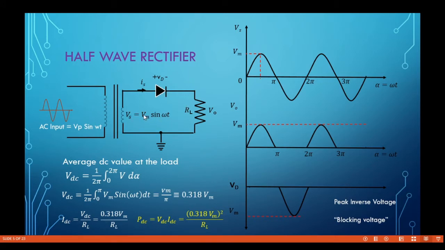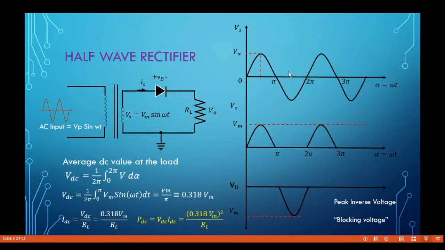It has an amplitude of Vm and is sinusoidal in nature. This secondary signal also has a current passing through the diode. We have placed a diode and the load. Here we can see the maximum voltage across the diode, and the output voltage we are taking across the load.